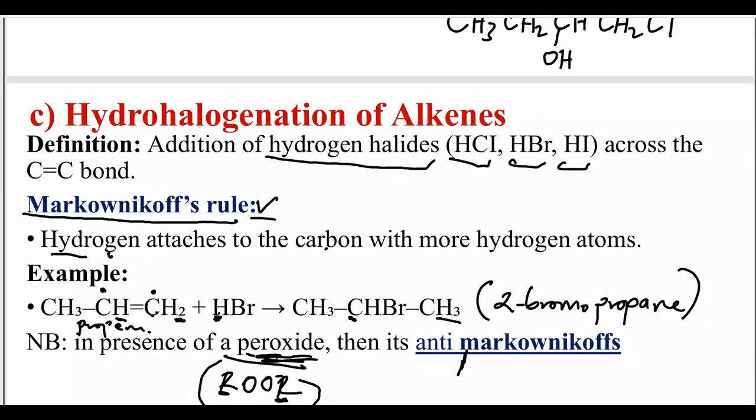It states that when a molecule containing a hydrogen atom is added to an unsymmetrical alkene on a carbon atom carrying the functional group. Markovnikov's rule applies if we're adding a substance which consists of a hydrogen atom.